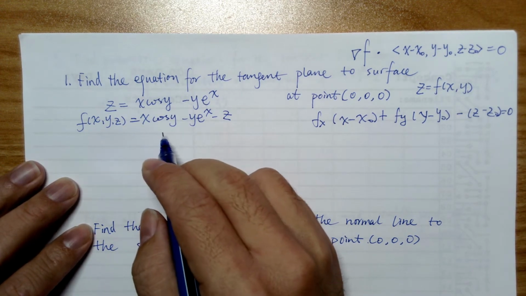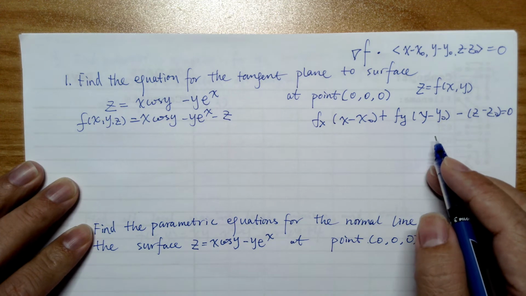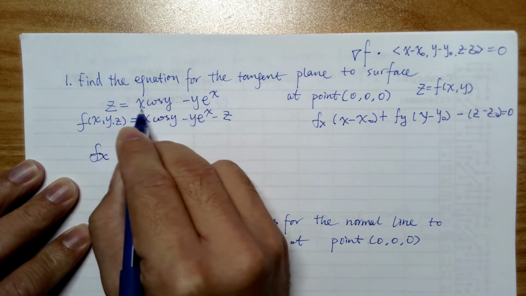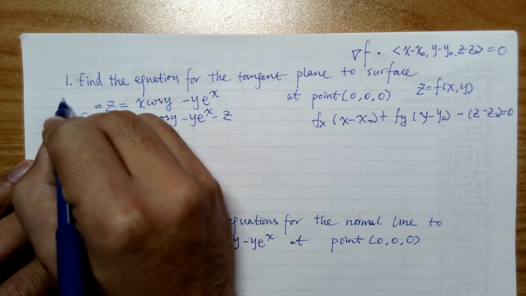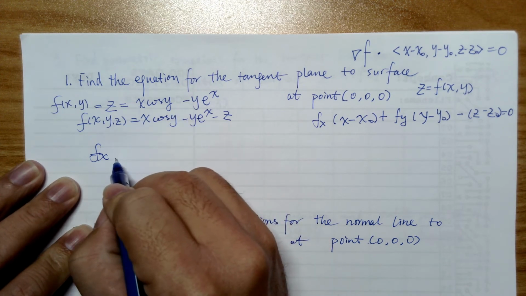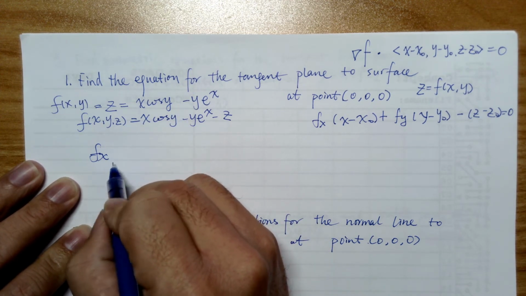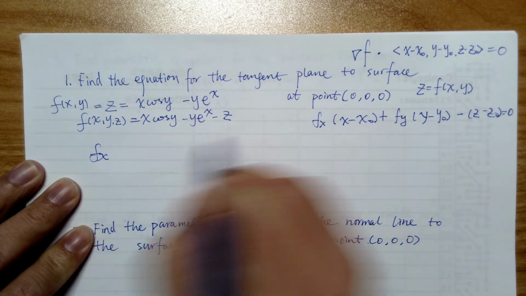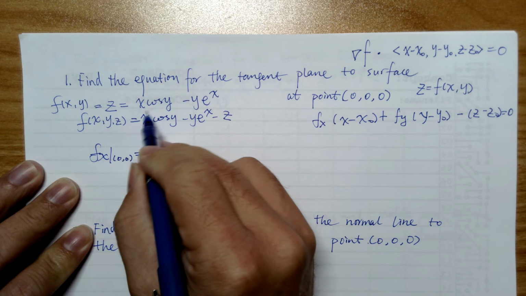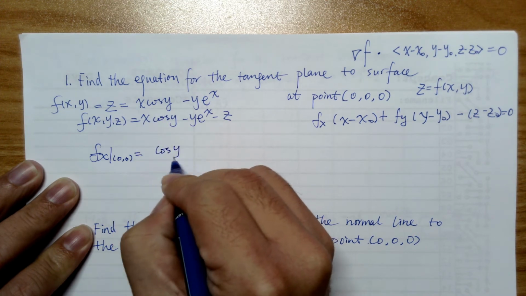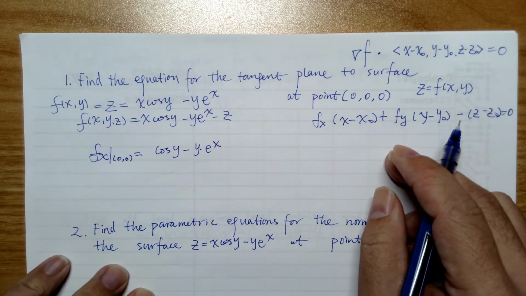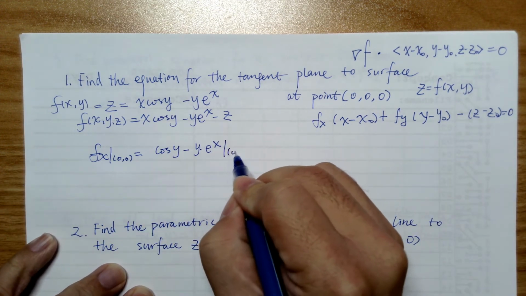So what we can do is figure out the partial derivatives. Suppose we set z equals f of x and y. Partial f partial x evaluated at the point 0, 0 is cosine y minus y times e to the power of x, evaluated at 0, 0.